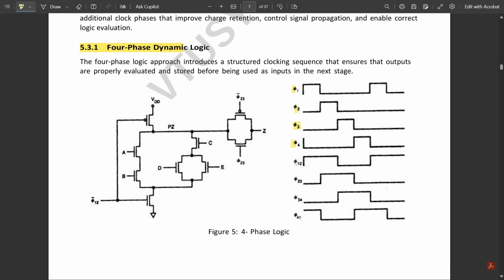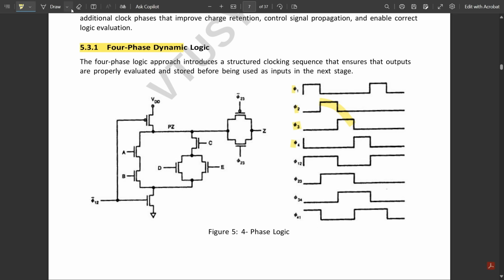Now for phi 1 2, phi 2 3, phi 3 4, and phi 4 1, each consists of two stages at a time, that is phi 1 and phi 2. Since phi 1 and phi 2 are 1 at the first two time intervals, phi 1 2 would be 1. Similarly phi 2 3 consists of phi 2 and phi 3, and in this stage phi 2 3 would be 1.